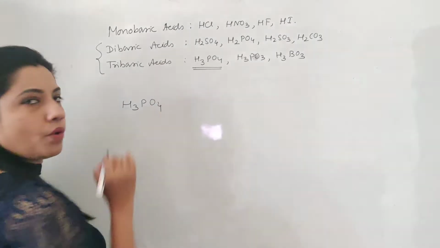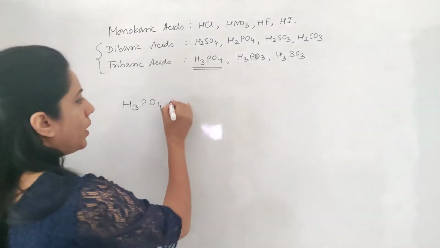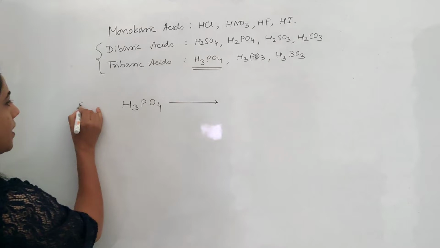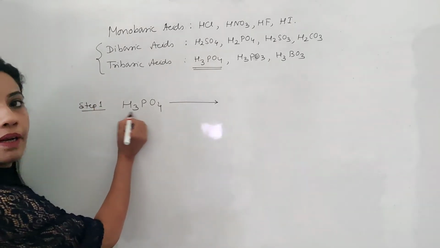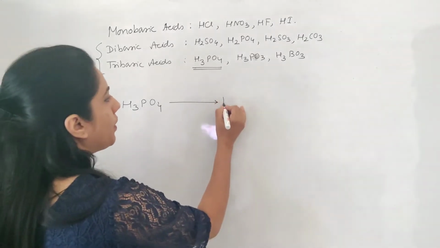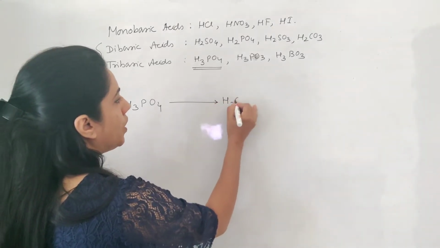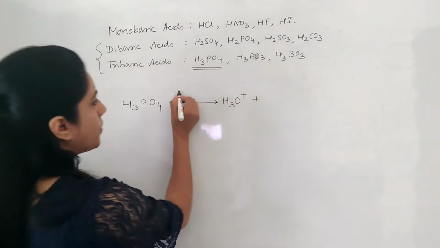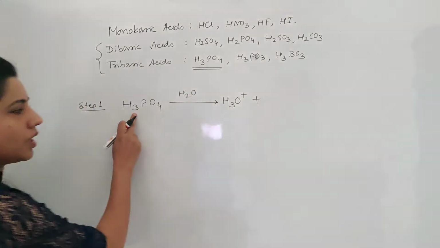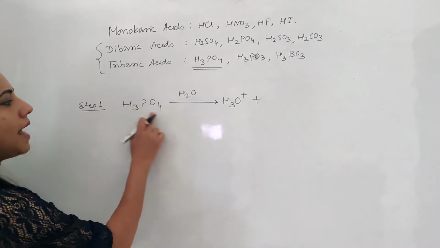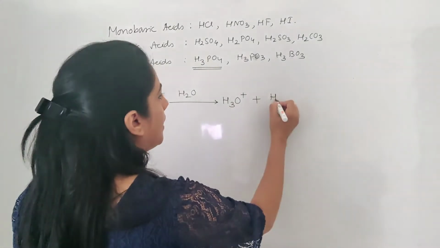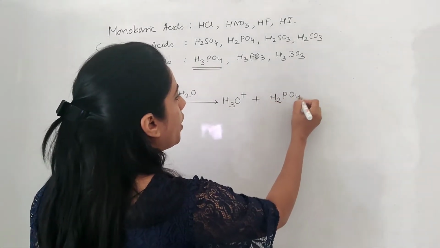Now H3PO4 is a very strong acid. So it will dissociate in a number of steps. In the first step, it will only liberate one H plus to give you H3O plus, and because we are dissociating in presence of water, so the liberated H plus will react with water to give you hydronium. And the remaining anion will be H2PO4 minus.